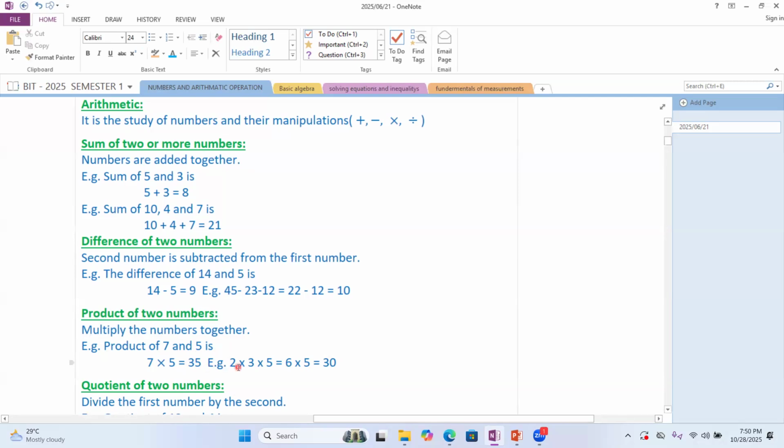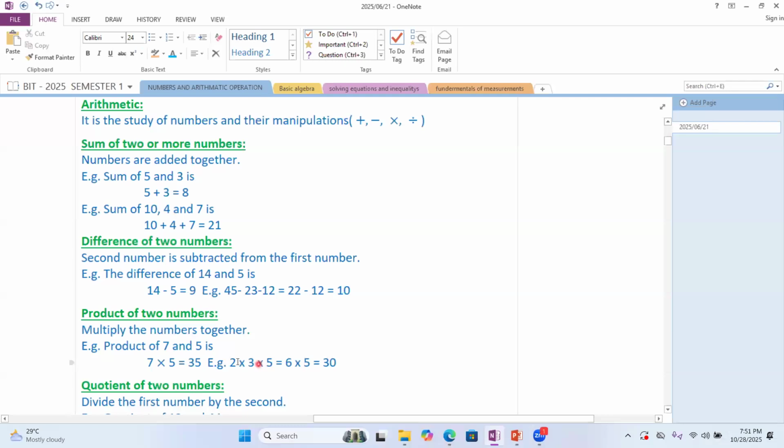And another example, multiplying more than two numbers. So we multiply three numbers such as 2, 3, 5. So 2 multiplied by 3 multiplied by 5.